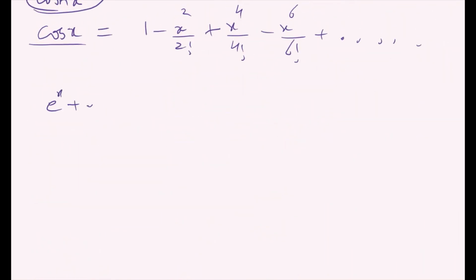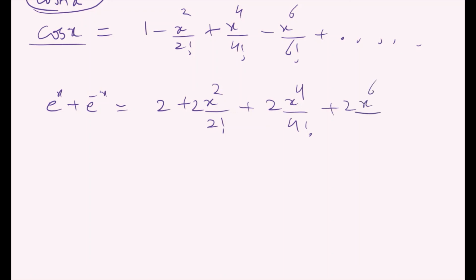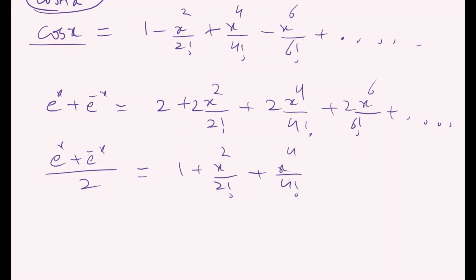E power x plus e power minus x gives us 2 plus 2 times x square by 2 factorial plus 2 times x power 4 by 4 factorial plus 2 times x power 6 by 6 factorial, and so on to infinity. Dividing by 2, I get e power x plus e power minus x by 2, which gives us 1 plus x square by 2 factorial plus x power 4 by 4 factorial plus x power 6 by 6 factorial till infinity.